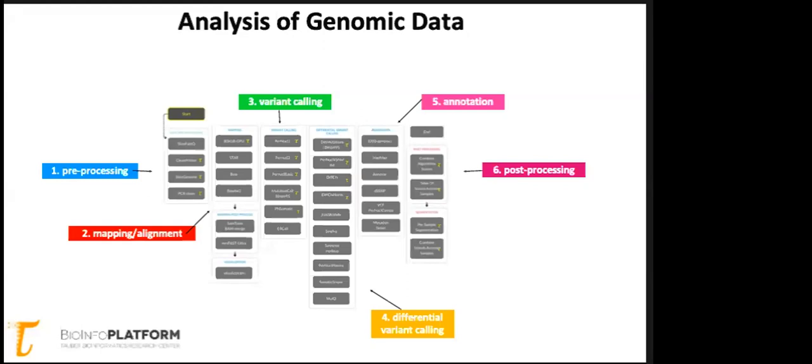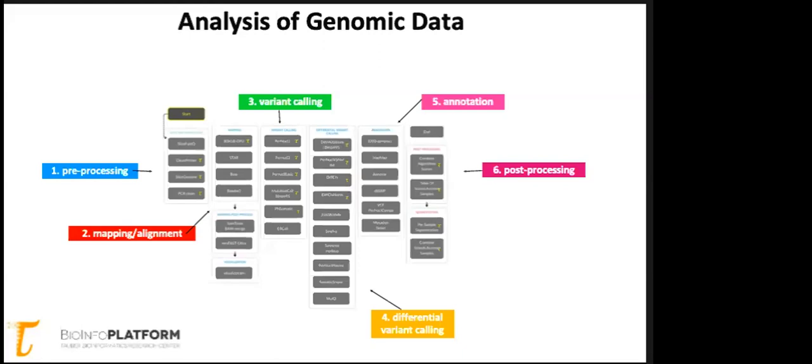And to do mapping or alignment, we have several software that can do that. We have Bowtie, we have TopHat2, we have HISAT. Then the next thing, after this mapping and alignment, is we need to call the variants, meaning we determine positions on our reads where there is actually a changed nucleotide from the reference genome.